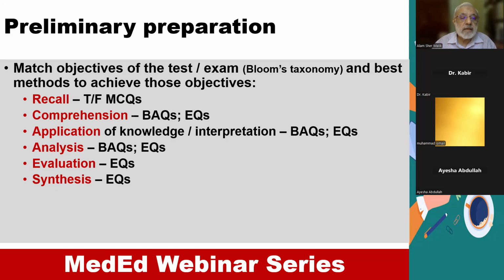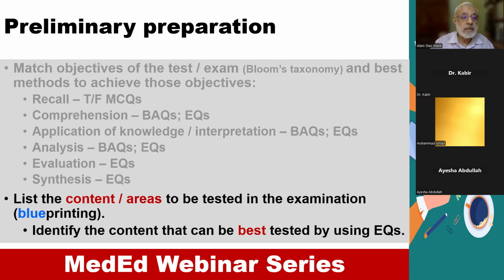Evaluation, essay type of questions. Synthesis, essay type of questions. Now, based on our objective, or what we really want to assess, we have to choose the appropriate assessment method. So we have to match with different types of questions.